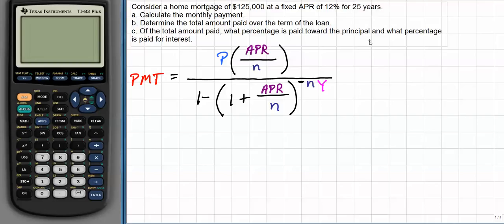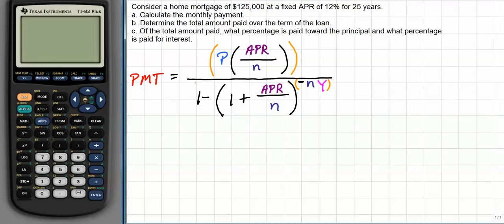But we have to make sure that we add in some strategically placed parentheses in order to make this work. I want to enter parentheses in the numerator around everything, and then parentheses around the exponent, because I want to make sure that the N and the Y get multiplied together, the negative sign is assigned to it, and then it's used as an exponent just on the part inside the parentheses.